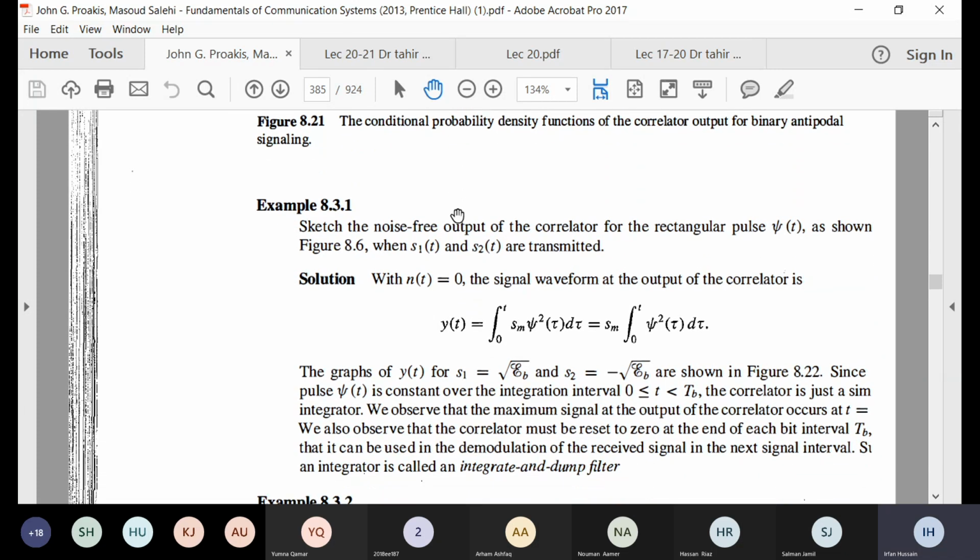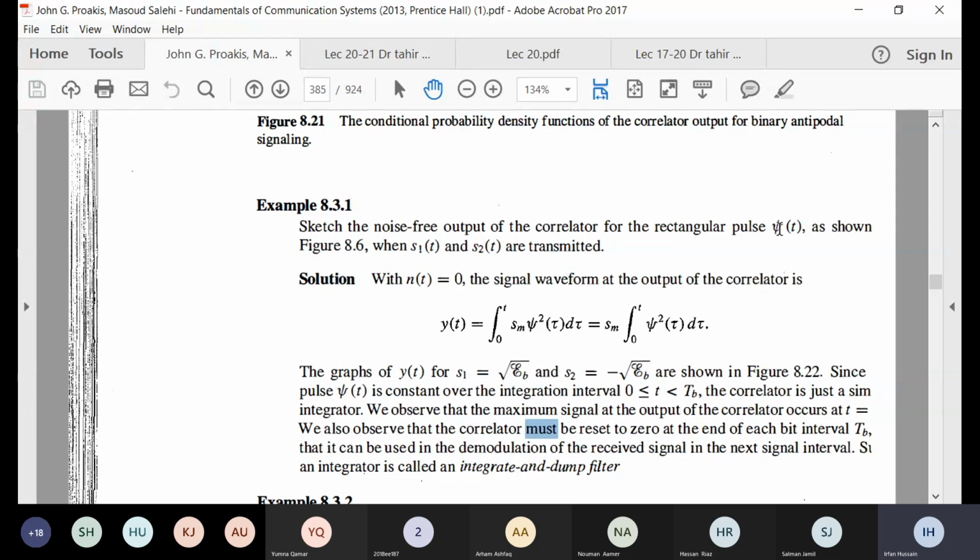There are also certain examples you can see. For example, for the pulse shown in figure 8.6, when S1 and S2 are transmitted, what will be the output?